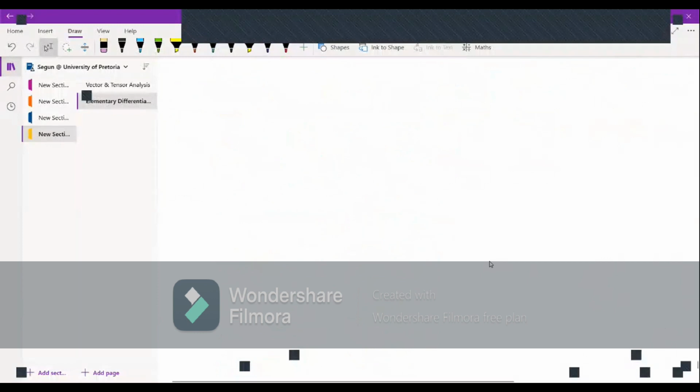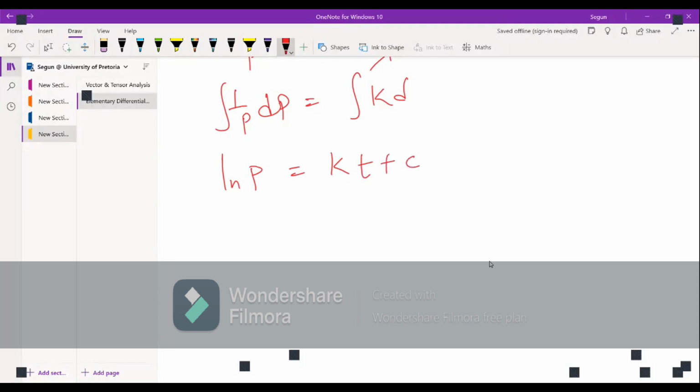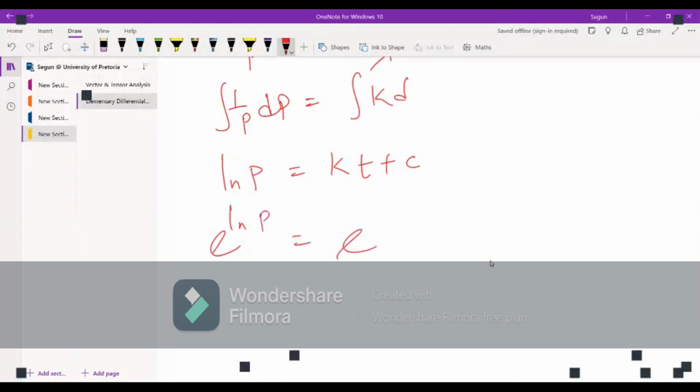So here we have ln P equals kt plus c. We are looking for P now, so we can take the exponential of both sides, which gives exponential kt plus c, which is the same thing as exponential kt times exponential c.